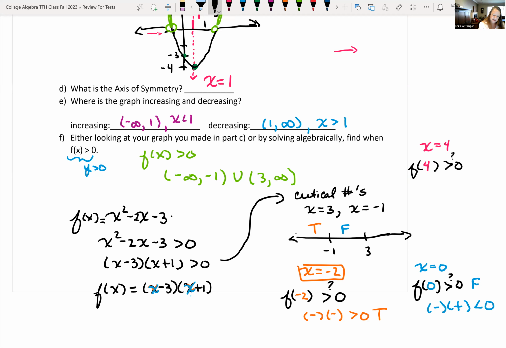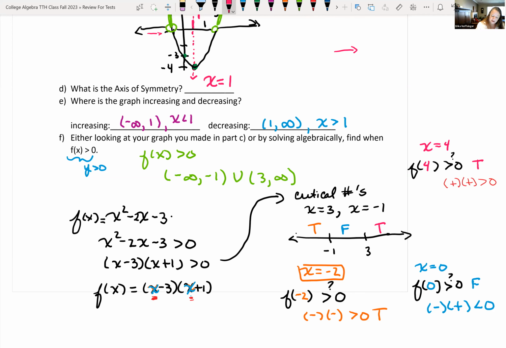We have 4 minus 3, which is a positive number. And then 4 plus 1 is also a positive number. A positive number times a positive number is greater than 0. So that is a true statement.